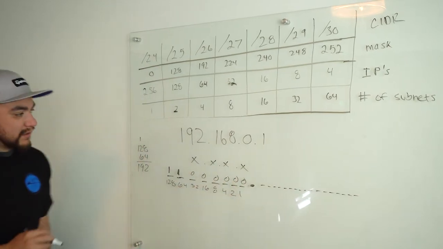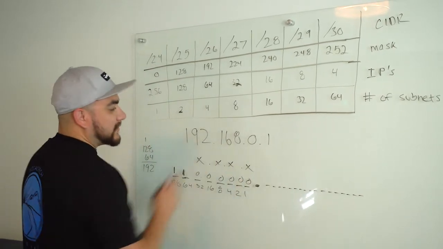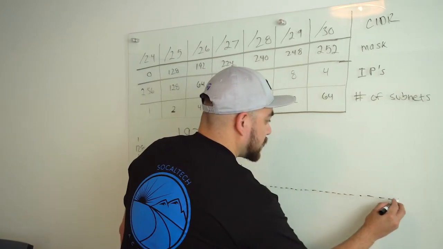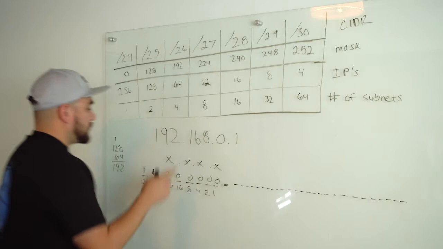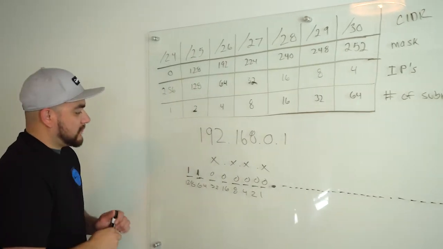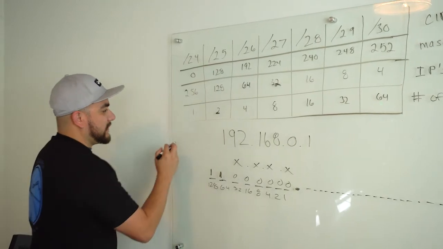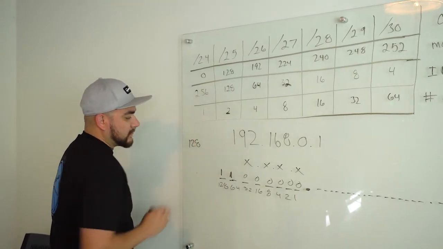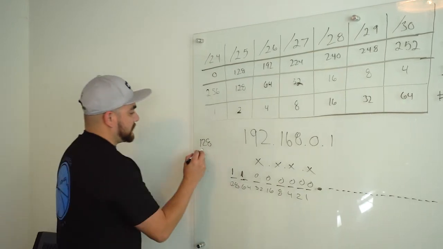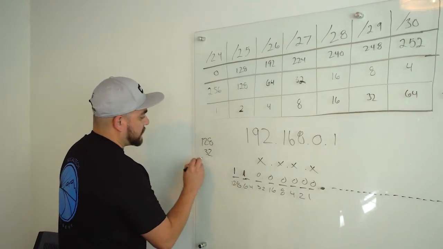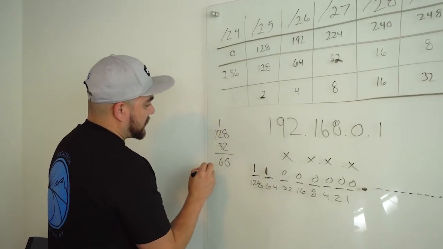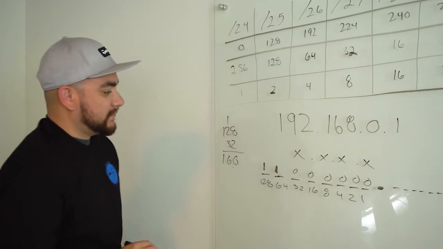Alright, let's go to 168 now. To get 168, what do we have to do? Okay, let's go down the line. 128. Obviously we don't turn on 64 because it would equal 192. Let's try 32. 128 plus 32 gives us 160.